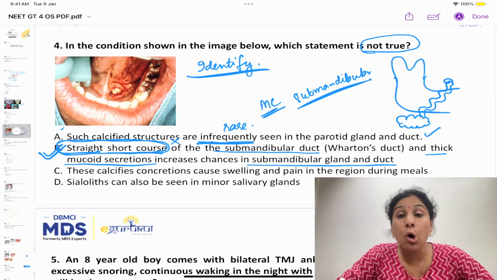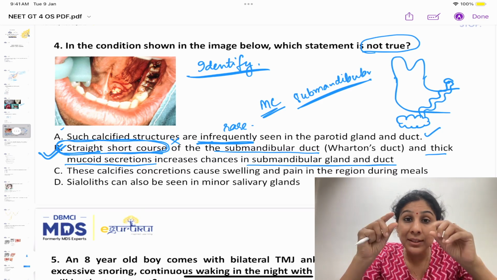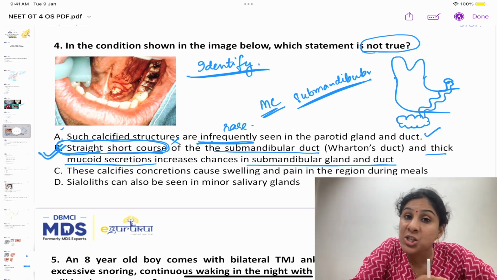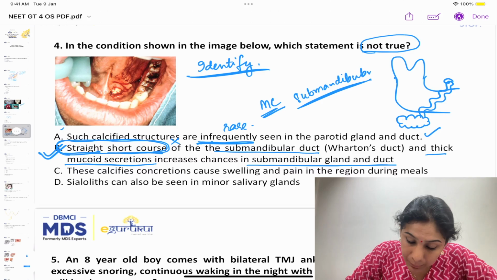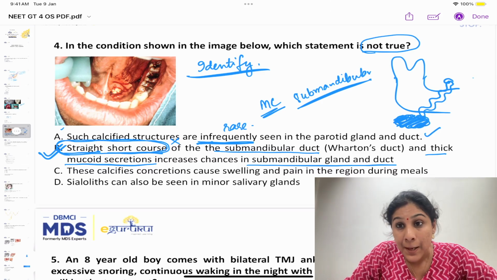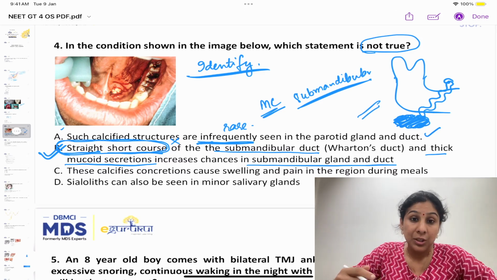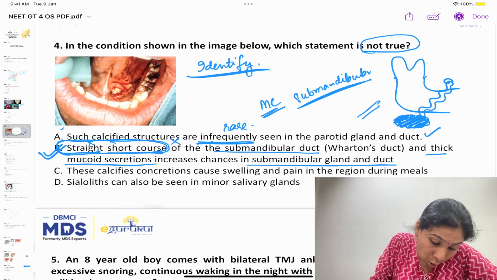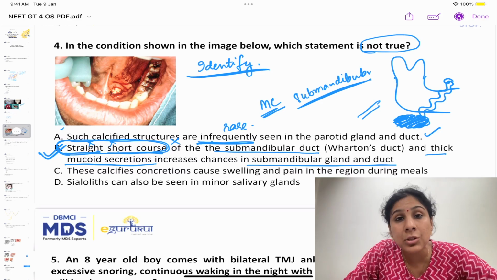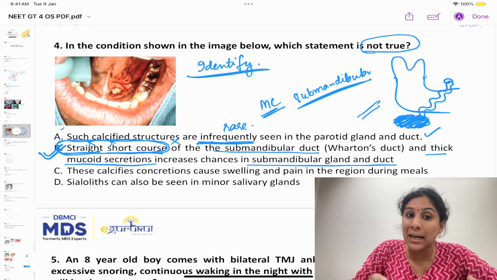It's a very long route as compared to the parotid or the sublingual glands, where the duct length is also short and it is straight. Whereas the submandibular gland, the duct has to travel a long distance and it's not a straight course, it's a tortuous course. So straight short course, wrong.